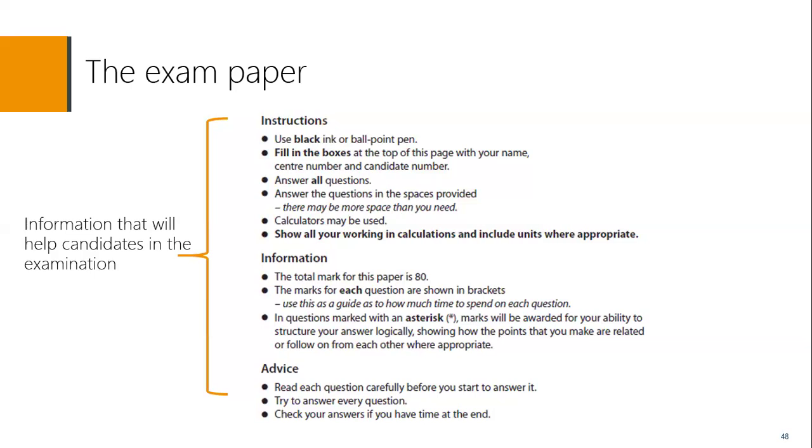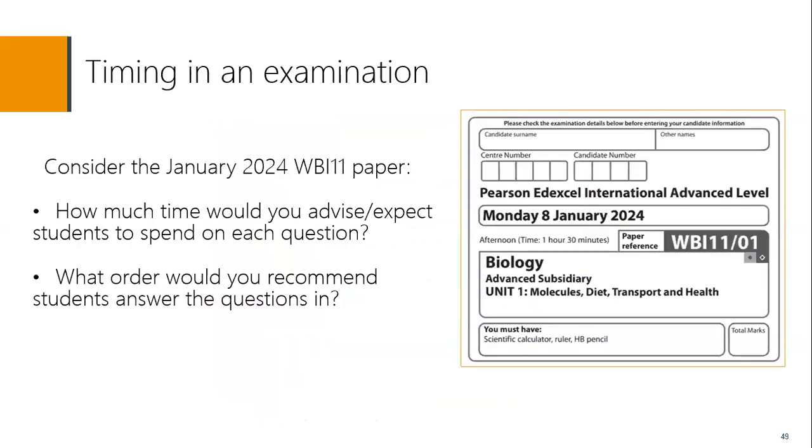Incomplete examination papers suggest that many candidates run out of time and that the majority start on question 1 and work through sequentially to the last question. Now, you need to think about the advice you would give to your students to spend on each question and what order you would recommend that the questions are answered in.